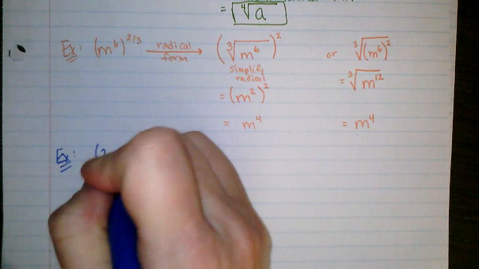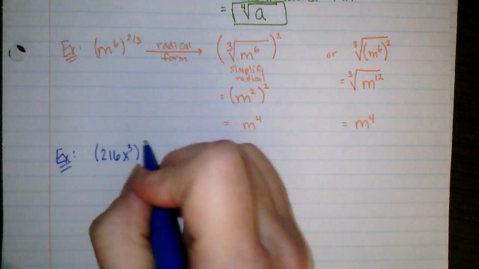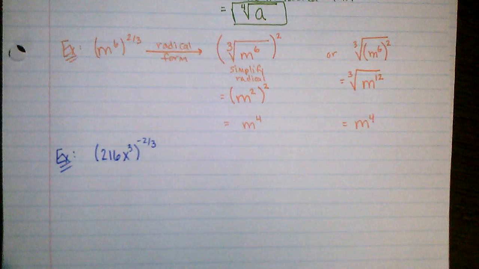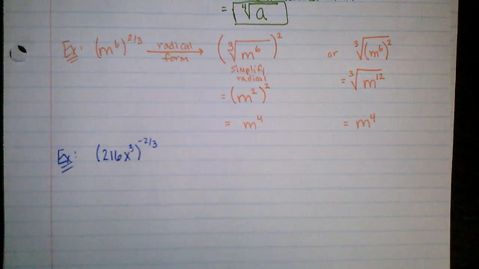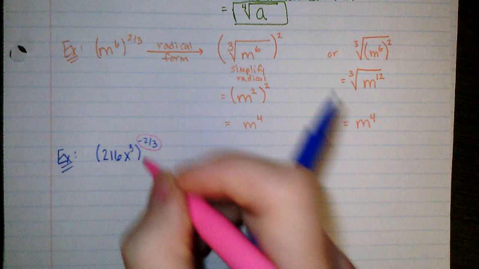Okay, here's another one that's of this type. 216x cubed to the negative 2/3 power. We've seen this with a negative attached to a parentheses before.